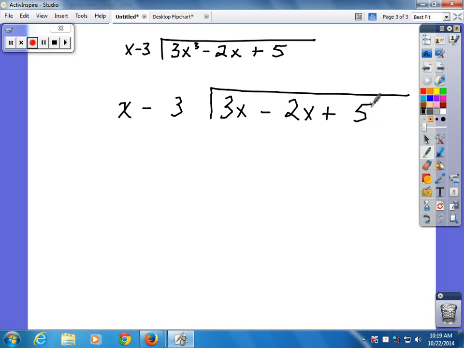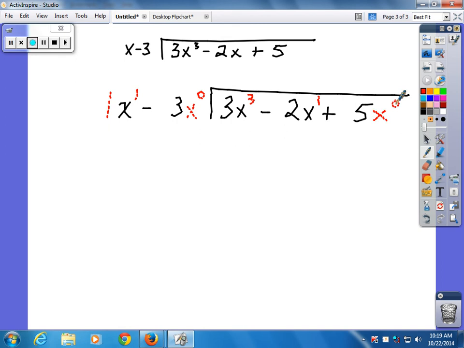Then I'm going to take my red marker, and this is 1x to the first minus 3x to the 0, 3x to the third minus 2x to the first, plus 5x to the 0.